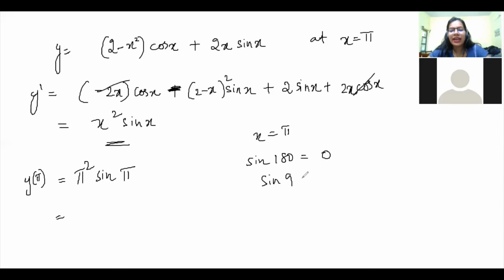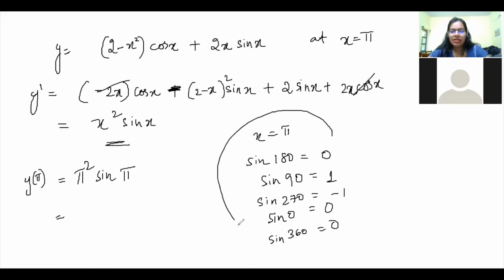Always remember sin 90 is 1, sin 180 is 0, sin 0 is 0, sin 360 is also 0, sin 270 degrees is minus 1. So if you remember this, then what is the answer over here? Since sin 180 is 0, the entire thing becomes 0. So 0 is the answer. I hope this was clear to all, right? Yes, ma'am.